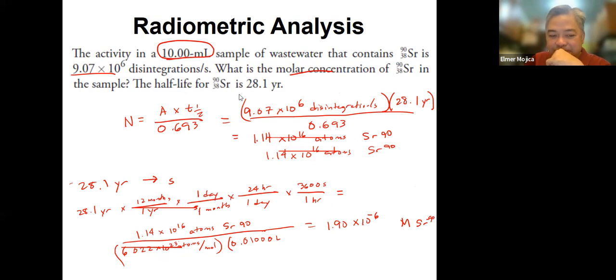Okay? And I think there's also an example there doon sa study guide natin. There's a link, a similar problem to this one. So question sa radiometric analysis.